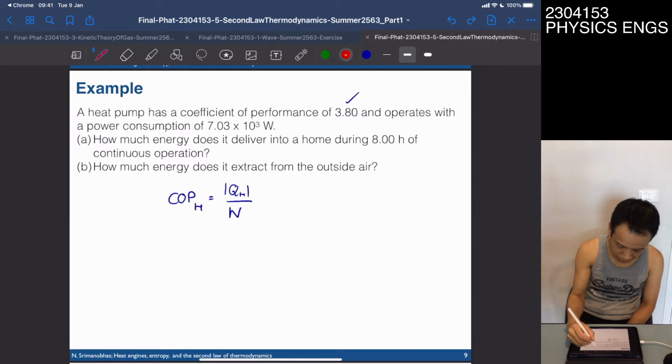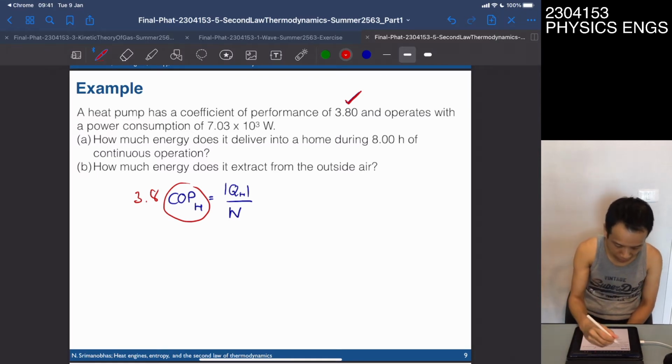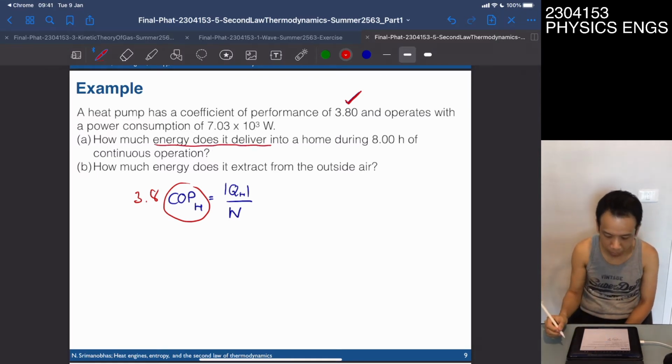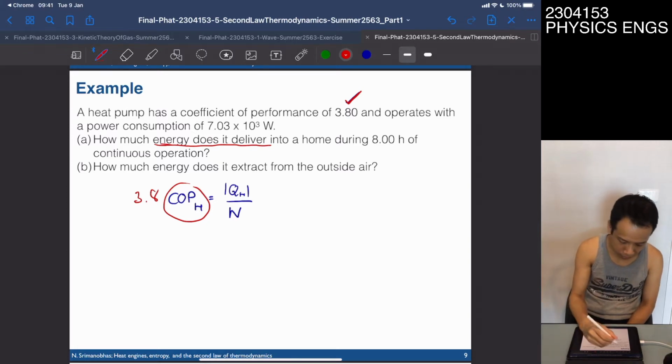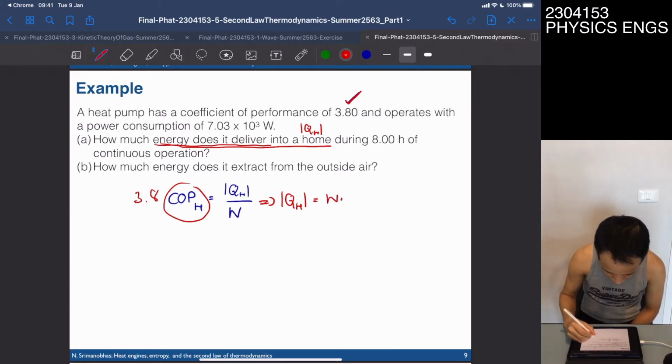So how much energy does it deliver to the home? The energy delivered to your home is QH, which is equal to W times 3.8.